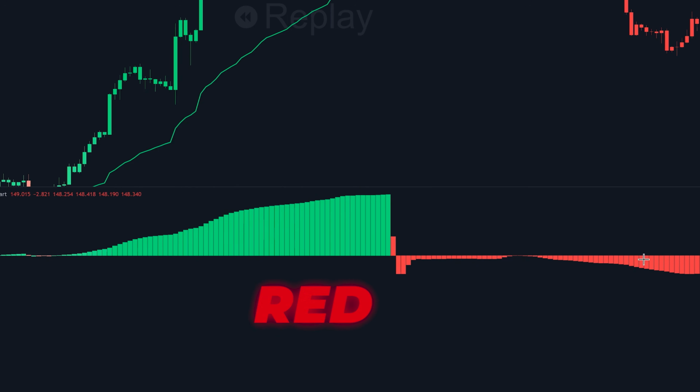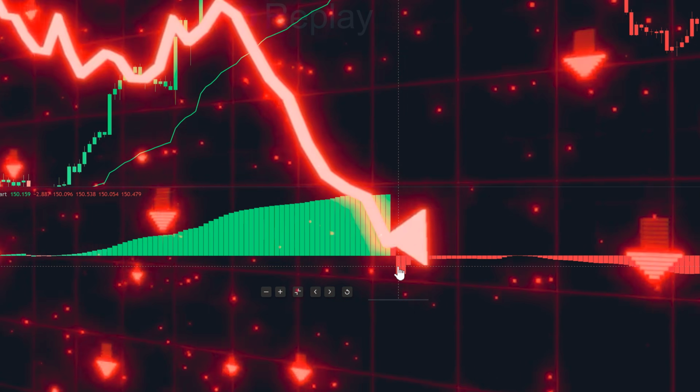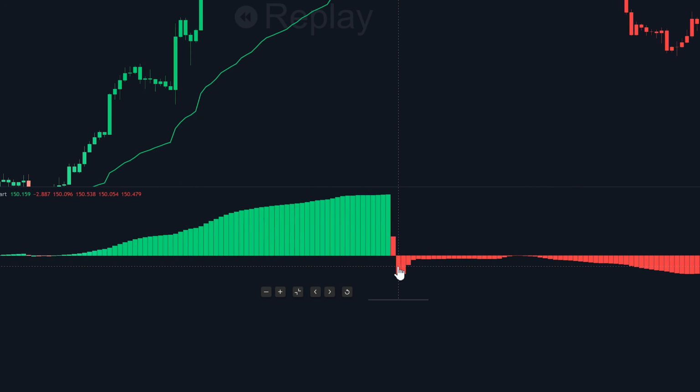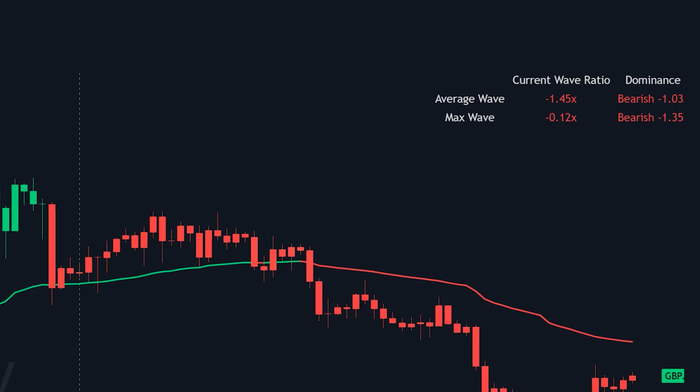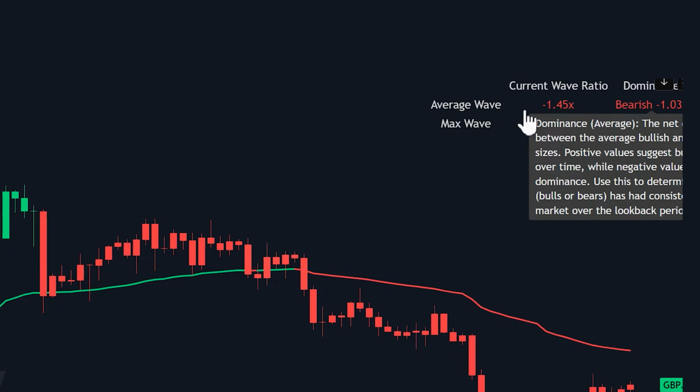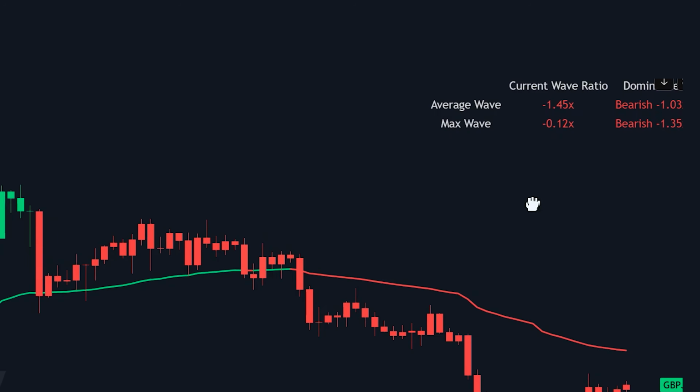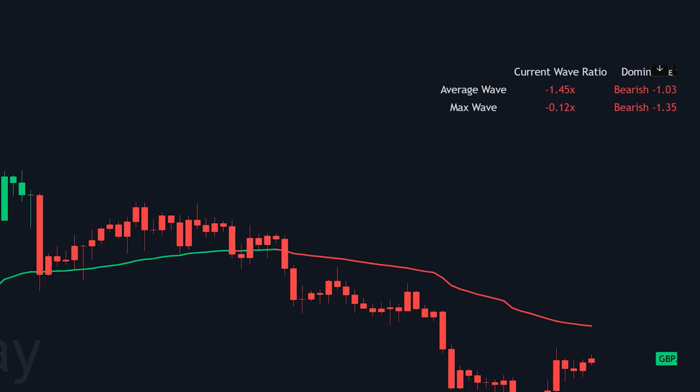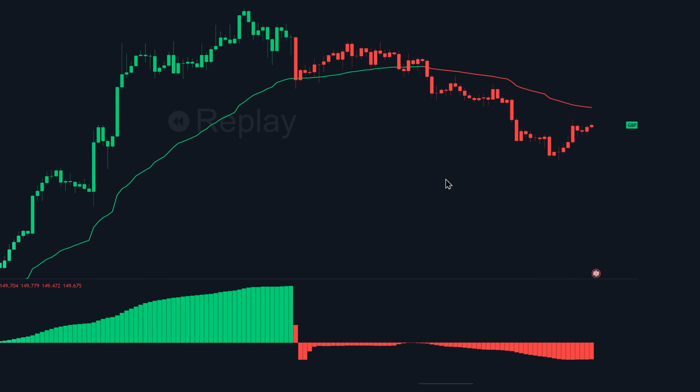So if it turns red after that smaller green bar, that's often considered a strong signal that a potential reversal is in play, and it might be time to consider exiting any long positions. And don't forget that information table. The official description mentions that fluctuations in the current wave ratio values can also be monitored as early indicators of possible trend reversals, giving you another piece of the puzzle.